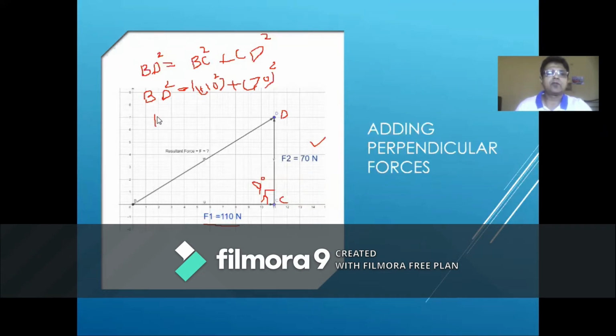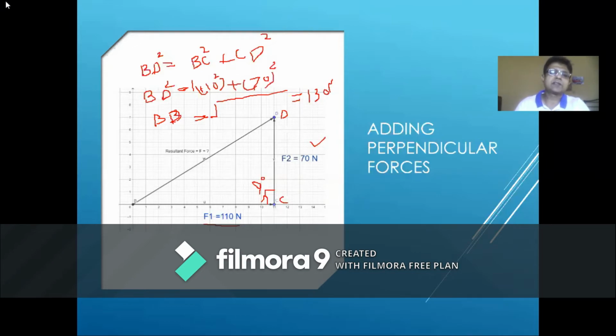Then, to find the BD force, I will take the square root of both forces, and my answer will be 130 Newton. If I add the squares of 110 and 70 and take the square root, I get 130 Newton. This is my resultant force.